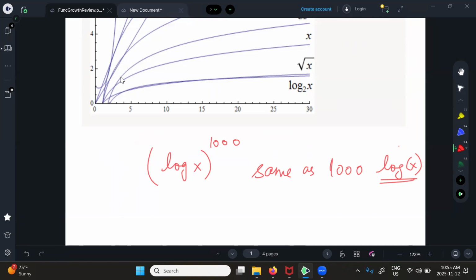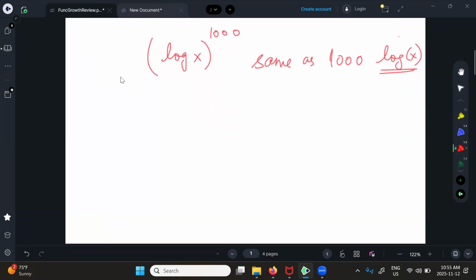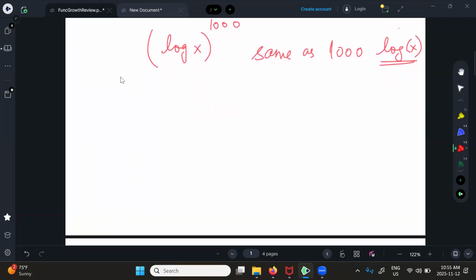Below the graph is where it gets a lot confusing. Suppose I give you this, x cube.